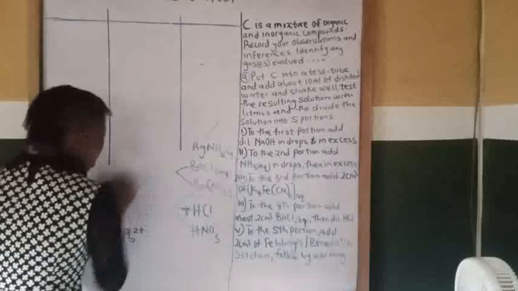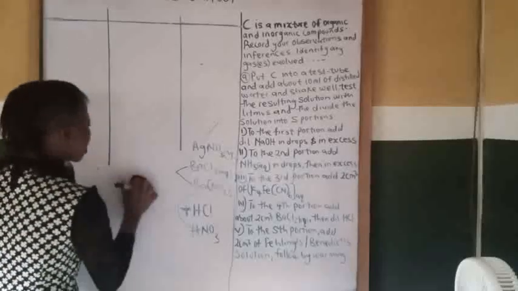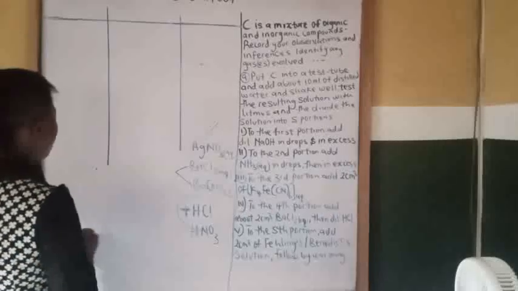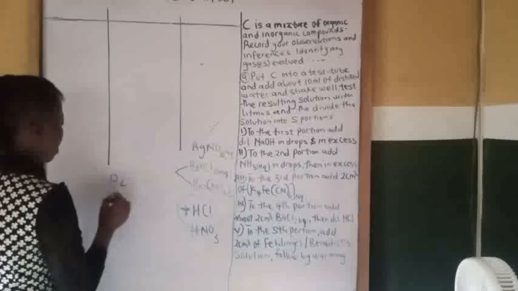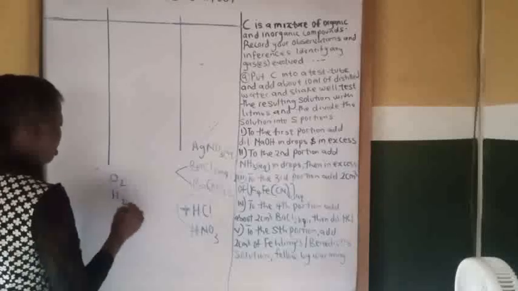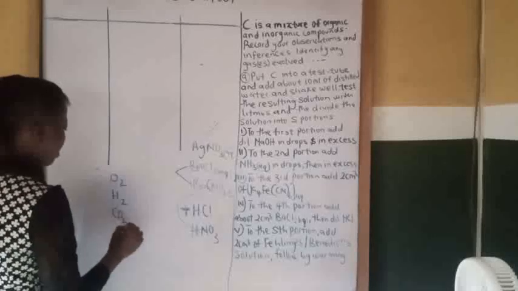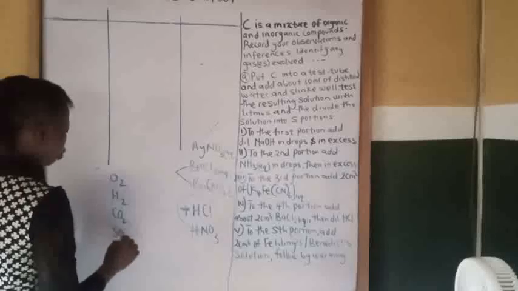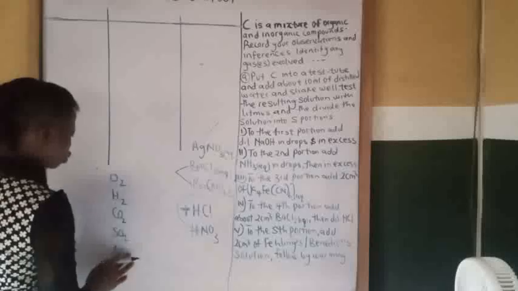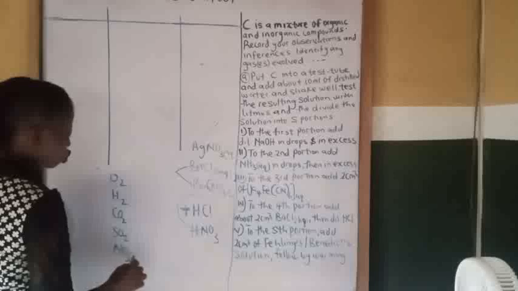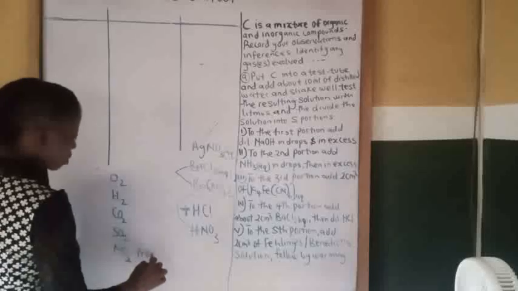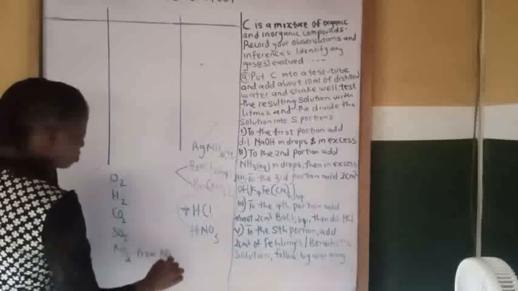Then let's briefly talk about identification of gases. Oxygen gas, hydrogen gas, carbon dioxide gas, SO2 gas, then NO2 gas. NO2 is always from NO3 minus.